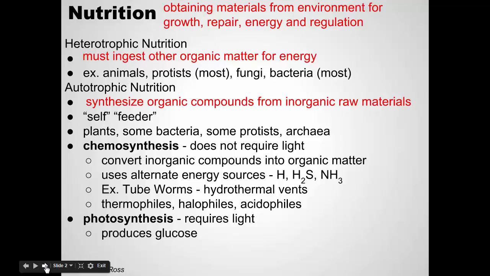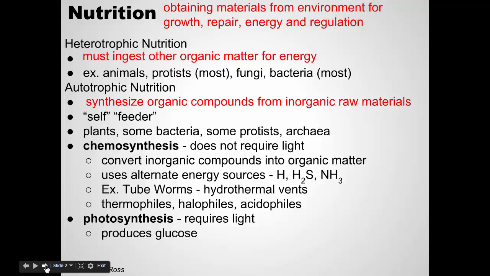These are organisms, some things like tube worms that live in deep sea hydrothermal vents, some types of archaea, things like thermophiles that live in hot springs in these areas that were typically thought of as so inhospitable to life that nothing can live there, but we found that there are organisms that can live there, and many of them obtain their energy by chemosynthesis.